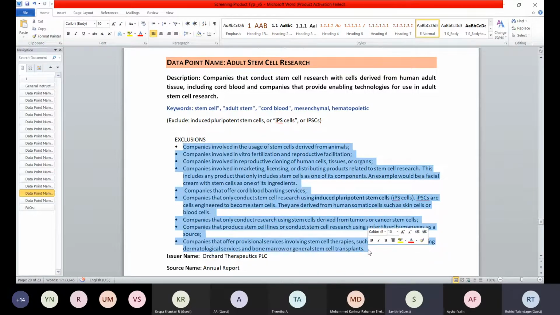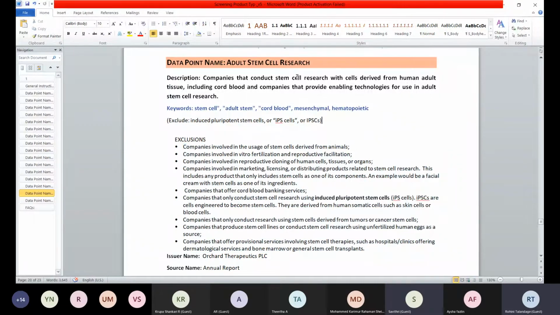In this case we can mark it as no. So now here, what is our exclusion? I'll just explain one or two. Companies that are involved in usage of stem cells derived from animals. Here they have specifically said in the description that they conduct stem cell research with cells derived from human adult tissues. So what have they given here? Cells derived from animals.